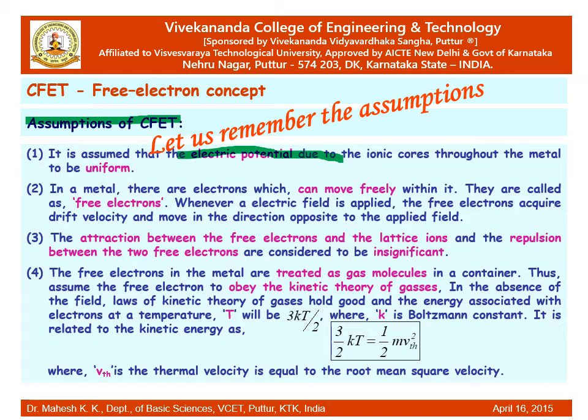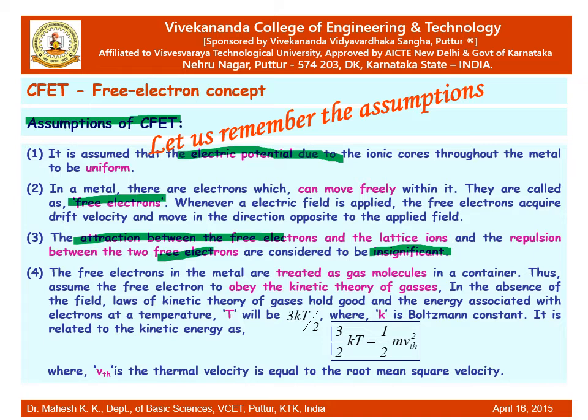Second, the free electrons present in the metals are available for conduction. The third is that attraction between the free electrons and lattice points, and repulsion between the electrons, are considered insignificant, so they don't have any influence over the conductivity.